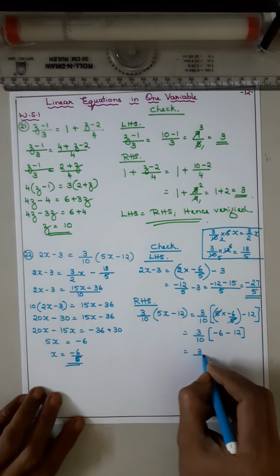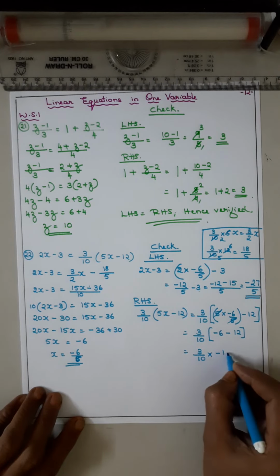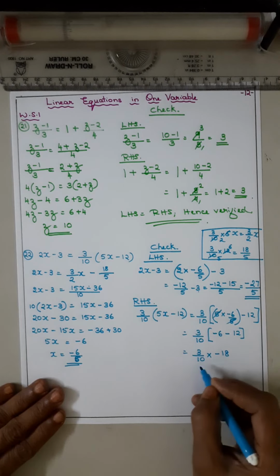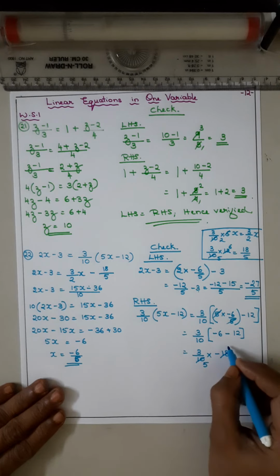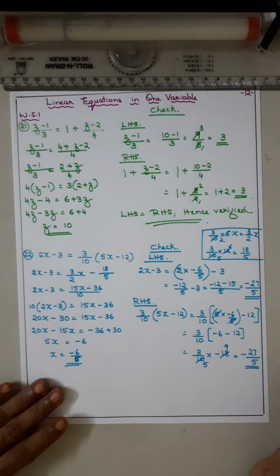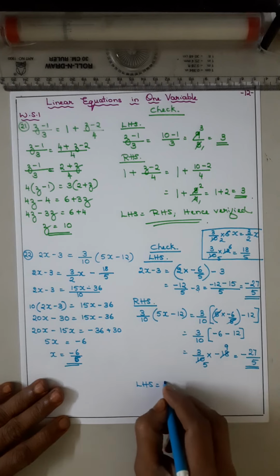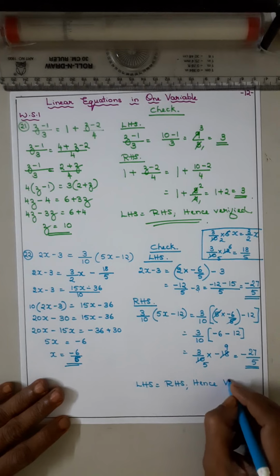Now 3 by 10 into minus 6 minus 12 will be minus 18. Isn't it? Now it will be 2 table, isn't it? 2 5s are, 2 9s are. Now it will be minus 9 3s are 27 by 5. So you got LHS is equal to RHS, hence verified.